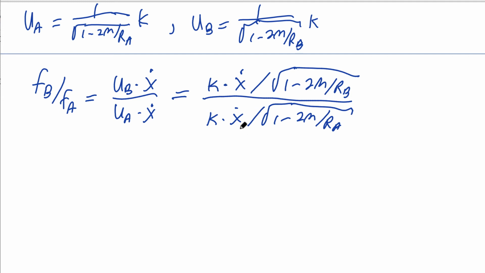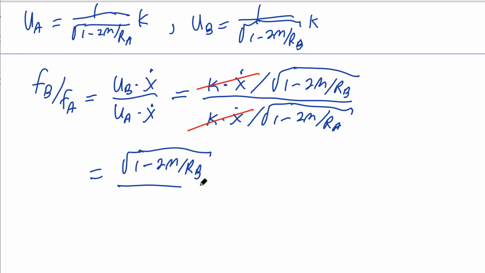So even though we're evaluating these dot products at different points in the spacetime, they're constants because they're constant along the geodesics. So these two factors cancel, and we're left with the result that we had before for radial geodesics, namely square root of 1 minus 2m over r sub a divided by square root of 1 minus 2m over r sub b.